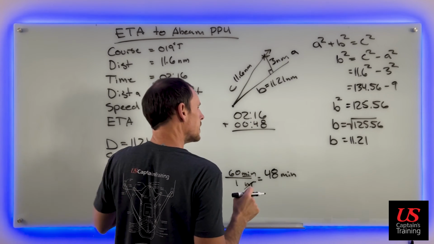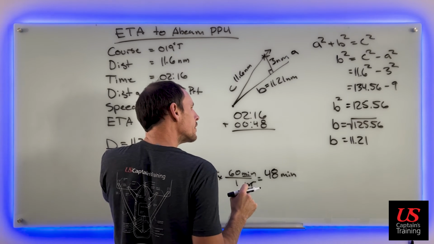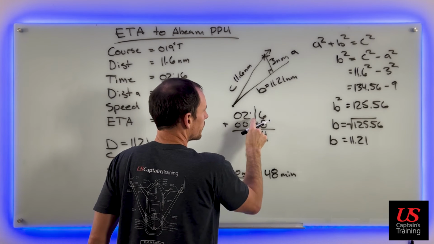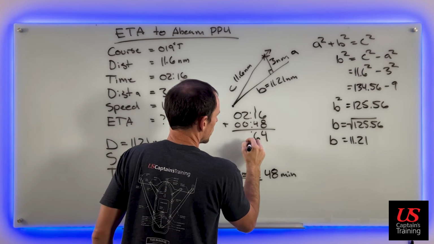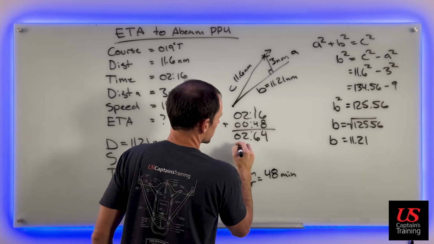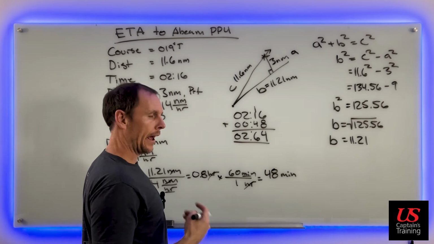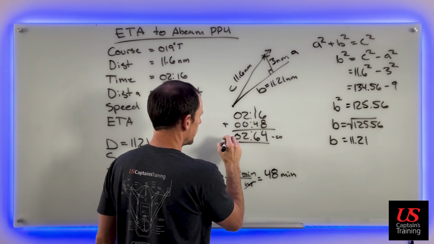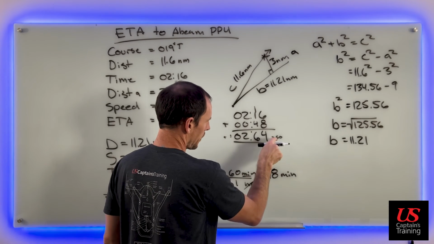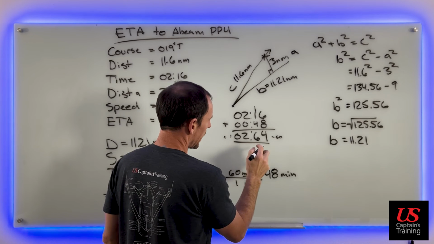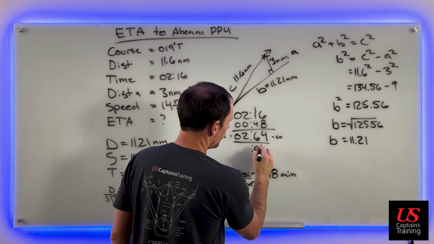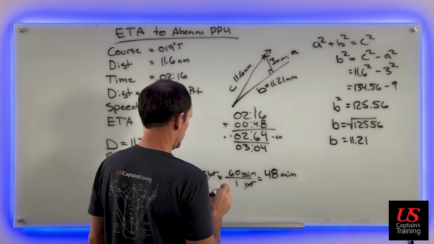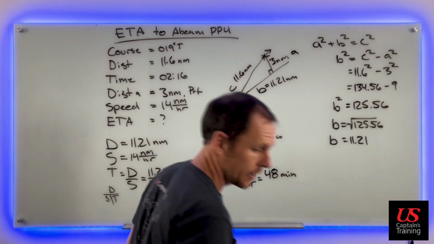So 8 plus 6 is 14, plus 1 is 5, so we have 264. Well, we can't have 64 minutes, right? So we're going to take 60 out of here, add an hour over here, and we'll get 0304. That's what we got for our ETA.